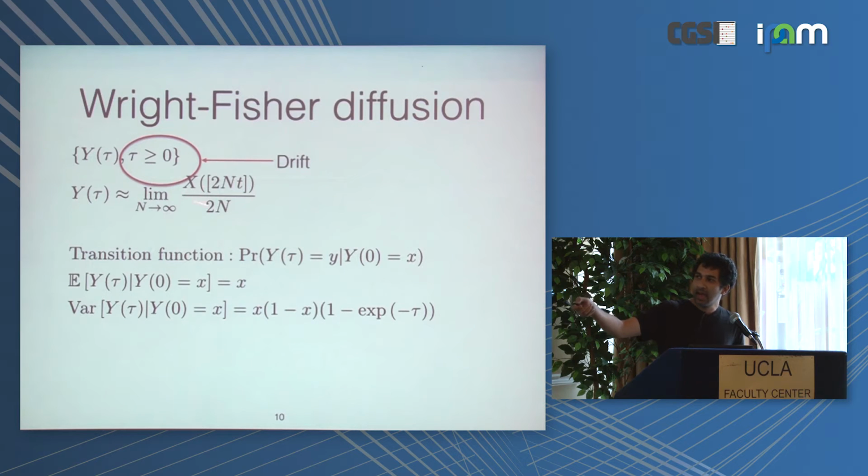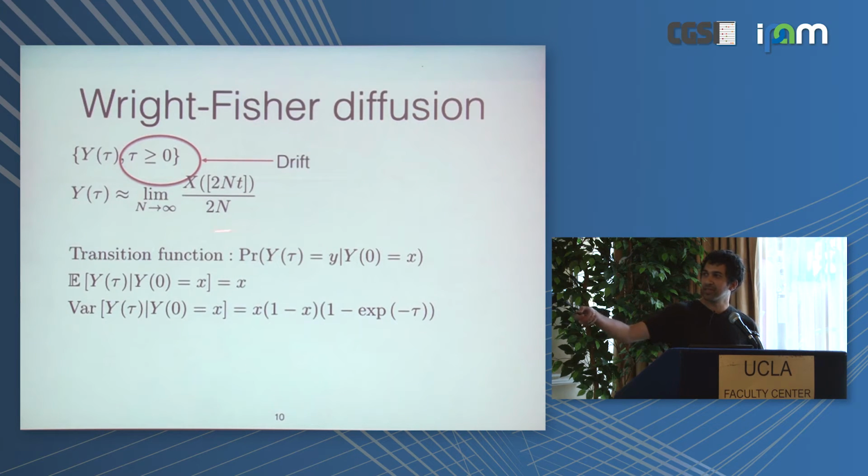And what has been shown in the literature is that as the population size becomes large, this rescaled process converges to another stochastic process, which is called the Wright-Fisher diffusion. So the Wright-Fisher diffusion is a continuous time, continuous space process. And you can actually write down the transition function for this process, which describes how it evolves.